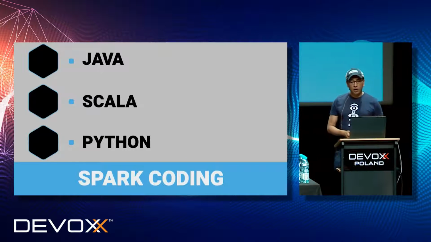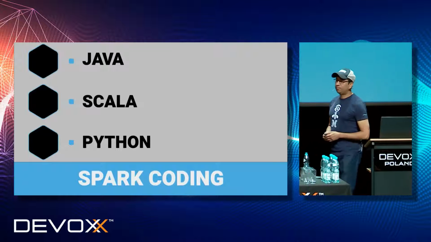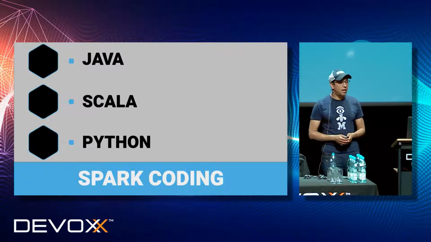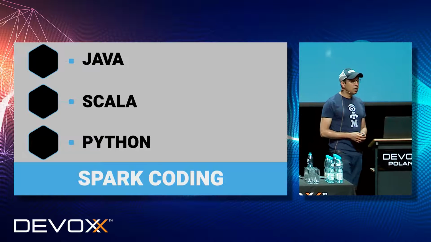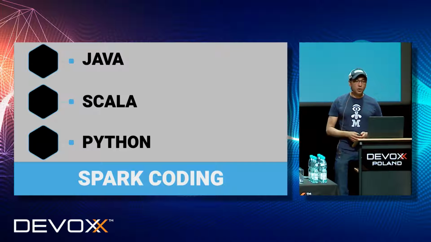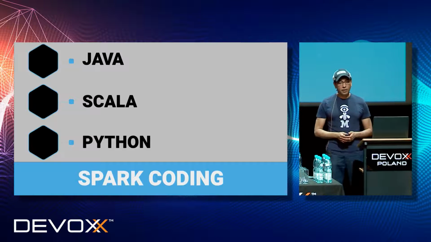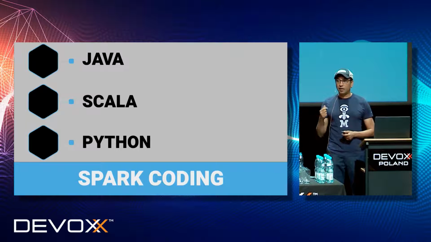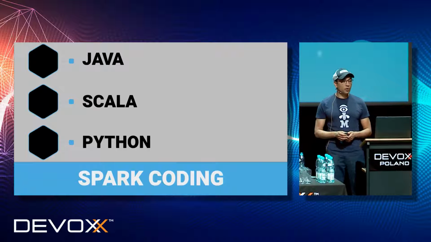Now, when we're coding in Spark, there are lots of different programming languages that you can use, but most people program in either Scala or Python. And if you've used Jupyter Notebook, when we look at Zeppelin, you'll see that it's very similar to Jupyter Notebook in terms of how we can build things with Spark. Now, the Java support in Spark is actually not there at this current release. The current release is 0.8.1.